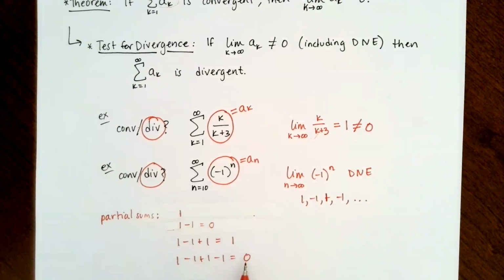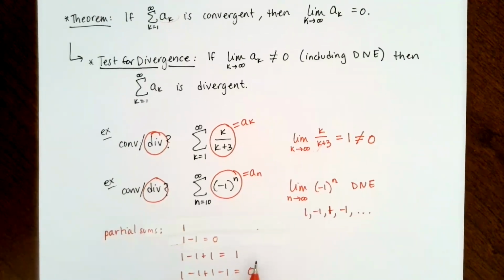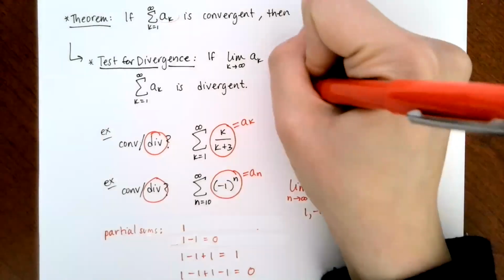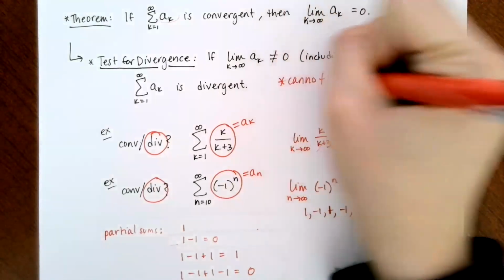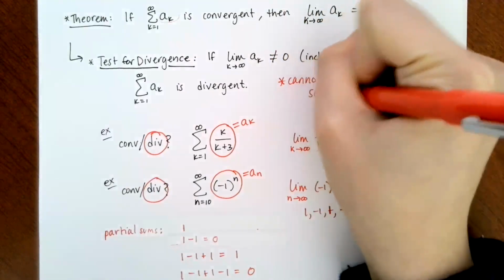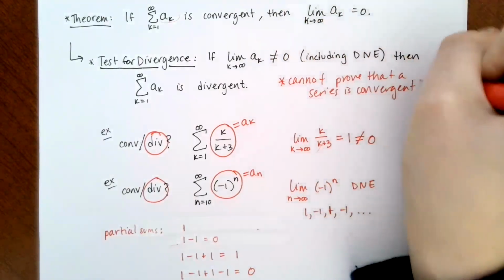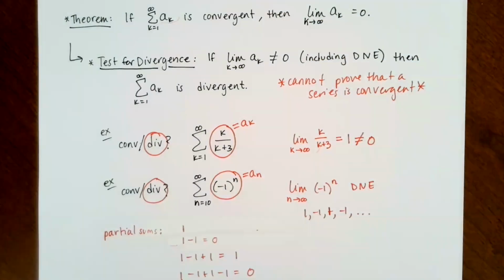I want to end this video by just pointing out the test for divergence is really helpful, but there's one really important thing it can't do. This test cannot ever prove that a series is convergent. And that's going to be really important going forward.